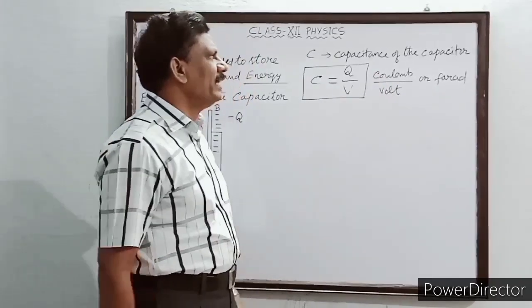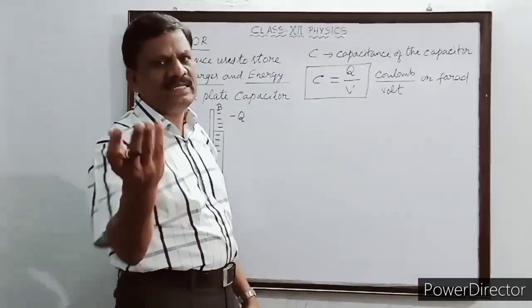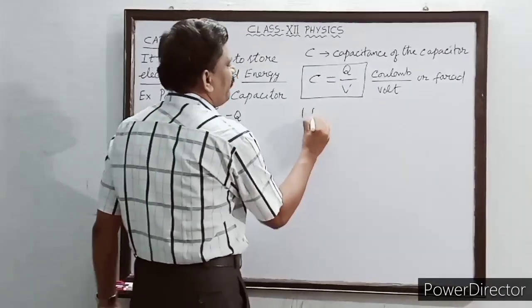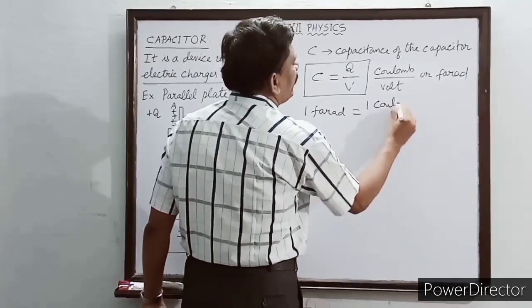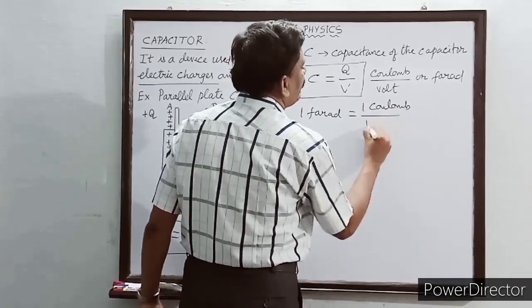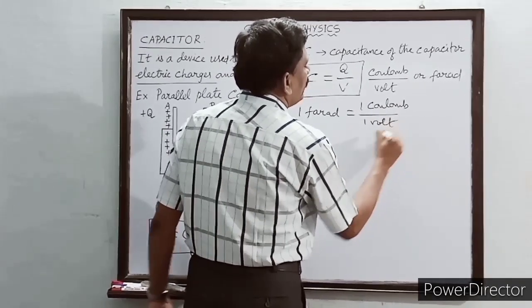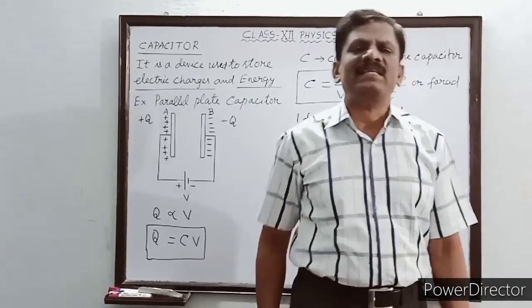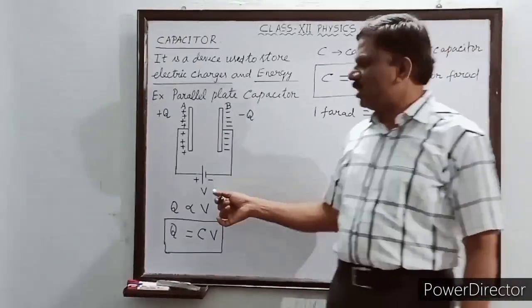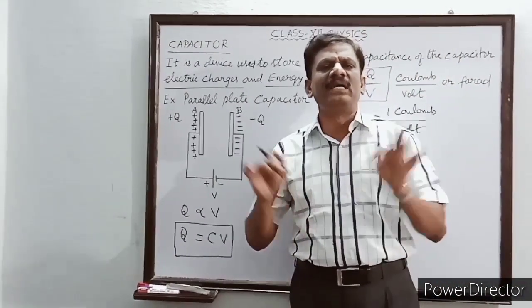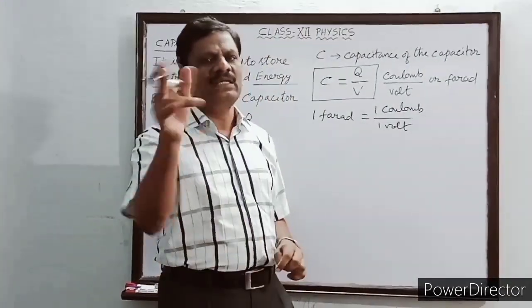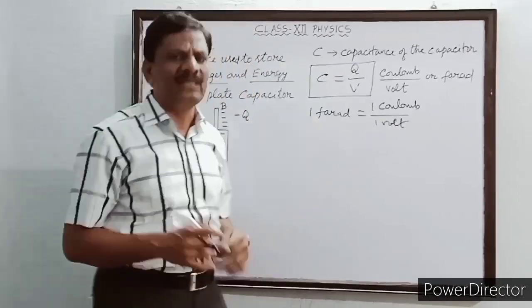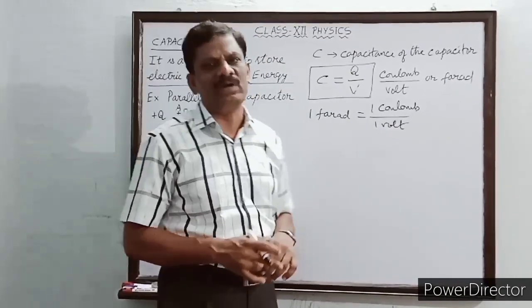So when will this capacitance be equal to 1 farad? 1 farad is equal to 1 coulomb divided by 1 volt. That means when a potential difference V equal to 1 volt is connected between the two plates, and 1 coulomb of charge is stored on each plate of the capacitor, then its capacitance is said to be 1 farad.